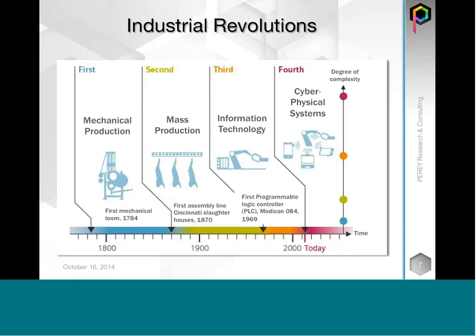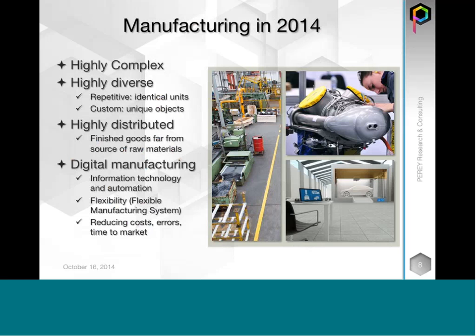I want to point out that over time, as these generations of manufacturing have gone forward, the complexity of the products that we can manufacture has escalated. It's just skyrocketed, really. In fact, today, the complexity is very high. Not only the complex products we can make, but the processes that we use to make them are very, very sophisticated.